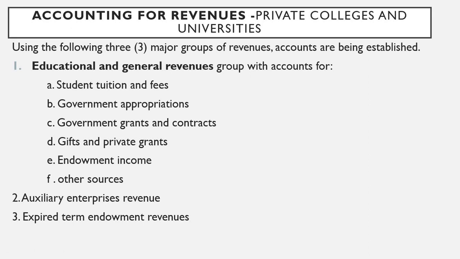So, how to account for revenues in private colleges and universities? Using the following three major groups. So what are those revenue groups?